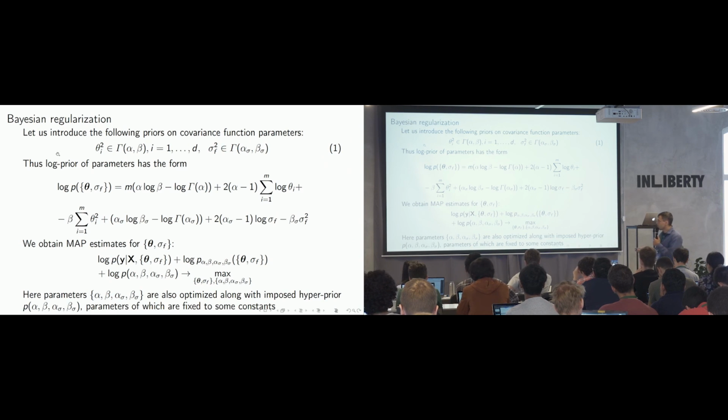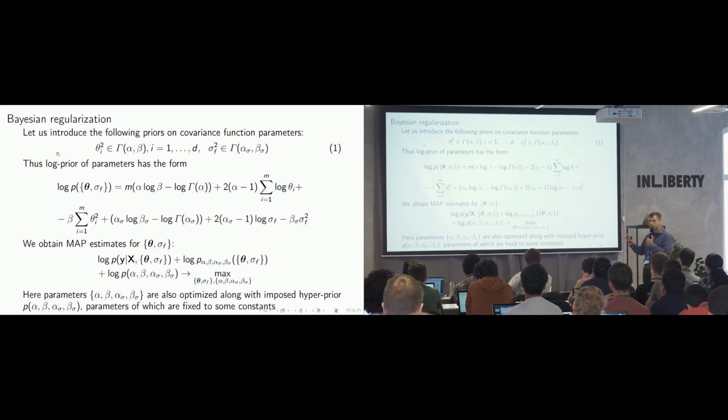The first part is the log likelihood from the Gaussian distribution, and the second part is the log likelihood from this gamma prior on parameters. And then we optimize not only with respect to parameter theta, but also with respect to parameters of the gamma prior distribution.